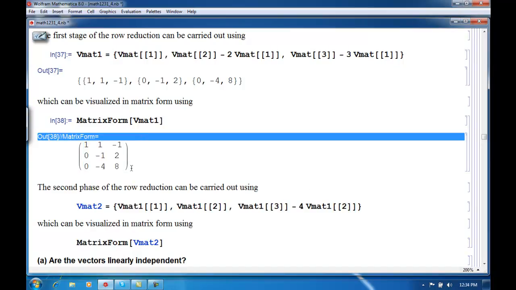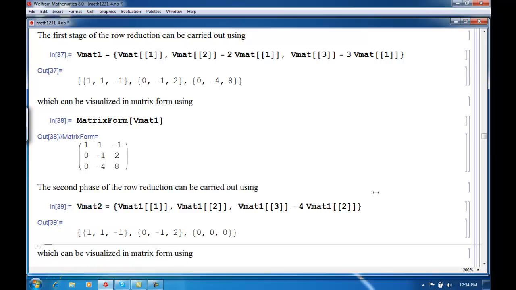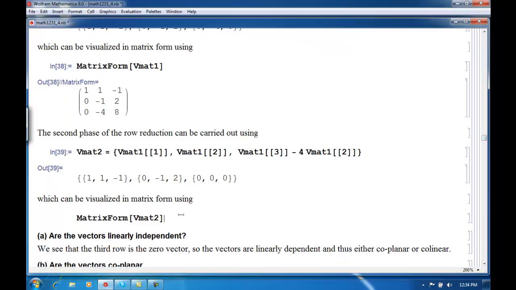And now we do the same thing on the second row. We take 4 times the second row from the third row and leave the first 2 rows unaltered, and we can see what we've done here.